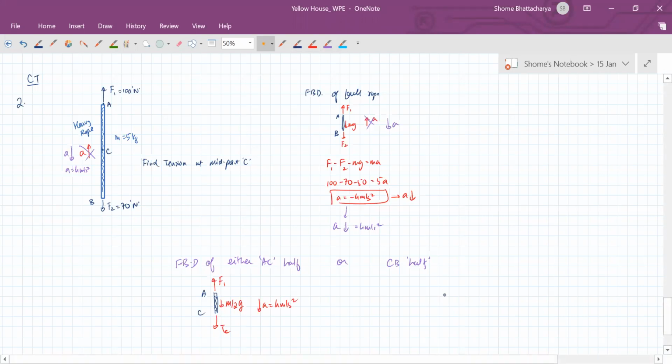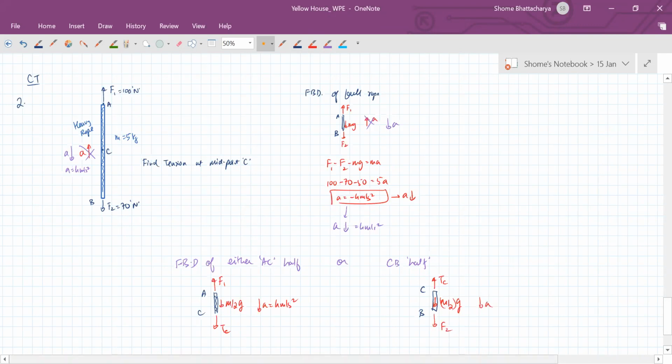If you make the free body diagram of this part CB, then what are the forces acting on it? There is tension at the midpoint acting upwards on it. The upper half is pulling it in the upward direction. There is a weight of that half rope, which is m by 2 into g, and there is this force F2 which is acting on it.